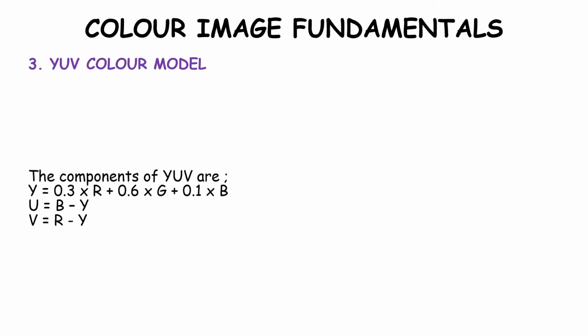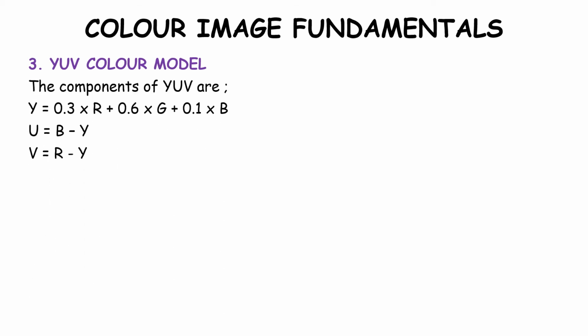So the next model is the YUV color model. The basic idea in the YUV color model is to separate the color information apart from the brightness information.